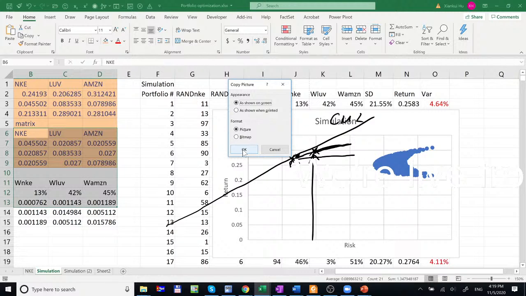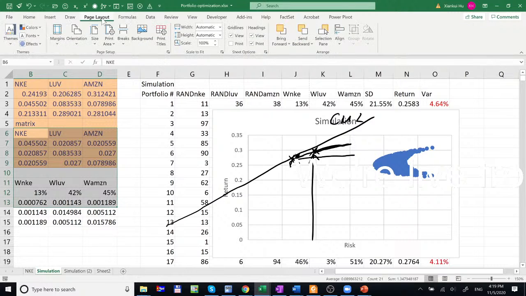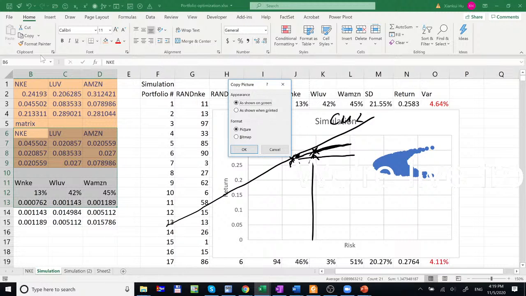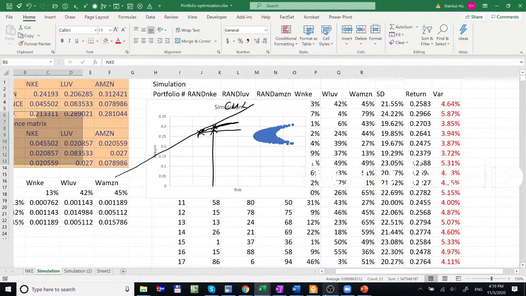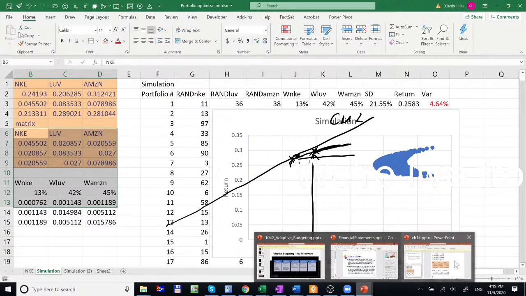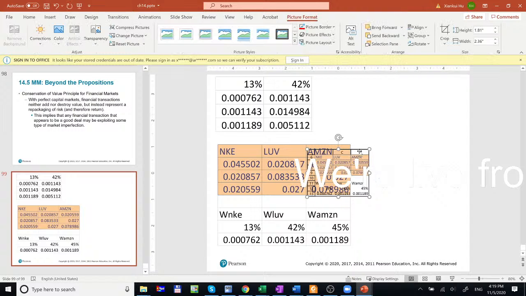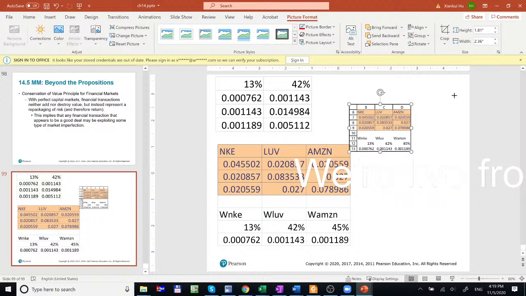Let's see. It should work. Copy as picture. And right there, yeah, right there. Control C, Control V. I should have just used Control V.